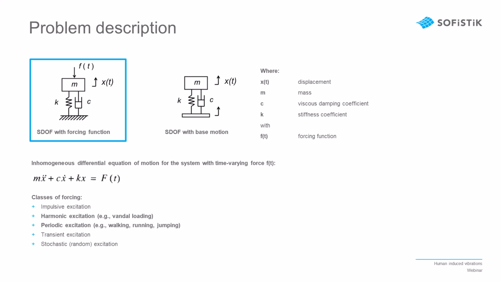We have a periodic excitation, which is any excitation which is periodic over a time interval T. That is usually described by a Fourier series, and for our application is very useful to describe human walking, running, or jumping. We also have transient excitations, which is, for instance, a car passing by, and we have a stochastic or random excitation, which is wind or waves.